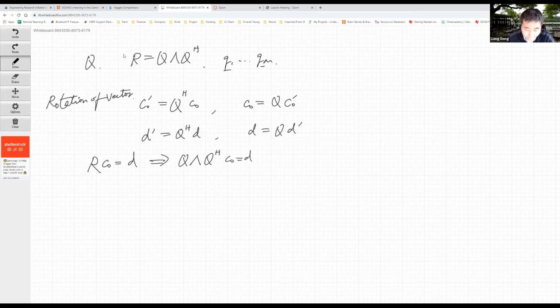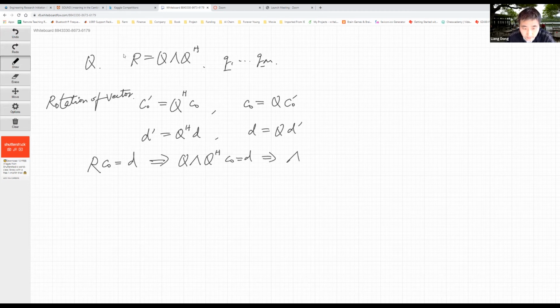Okay. Then I can left multiply this equation by Q Hermitian, where Q Hermitian Q is the identity matrix, because again Q is an orthonormal matrix.